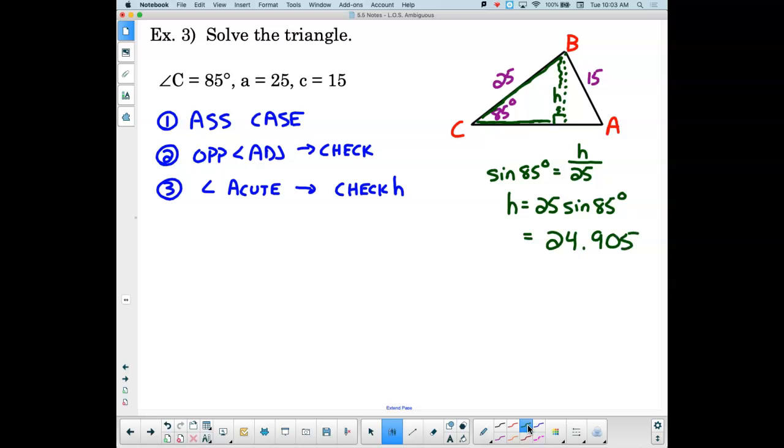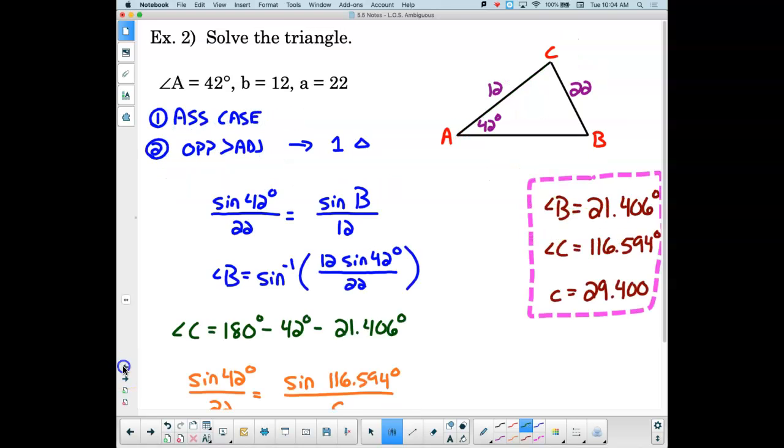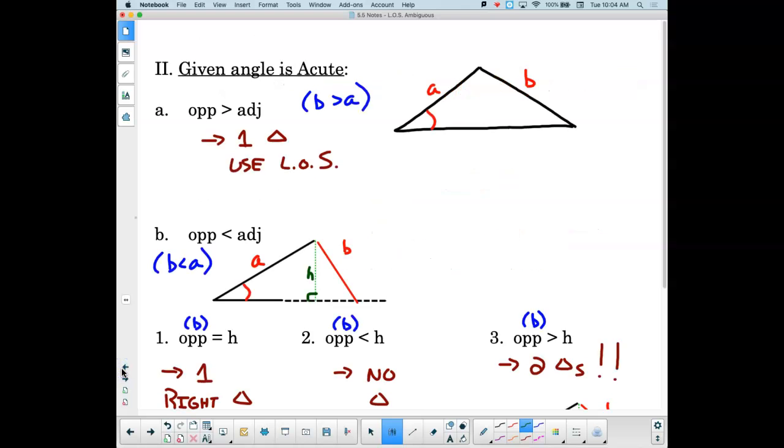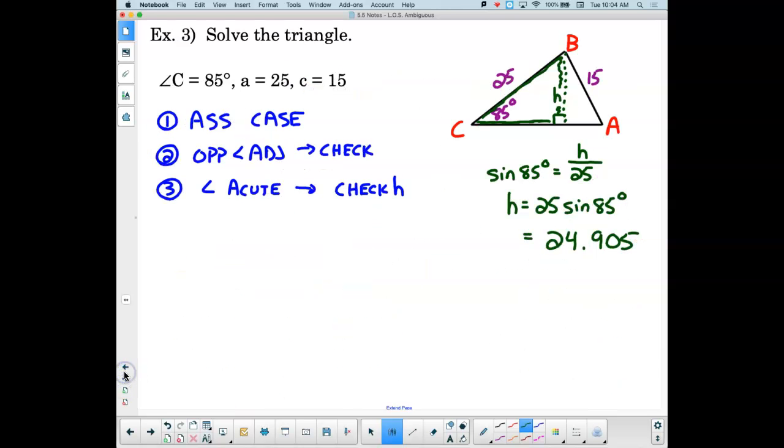Okay. So since I'm checking my height, that means I've got to compare my height to the opposite side. So opposite compared to height. My opposite side is 15.